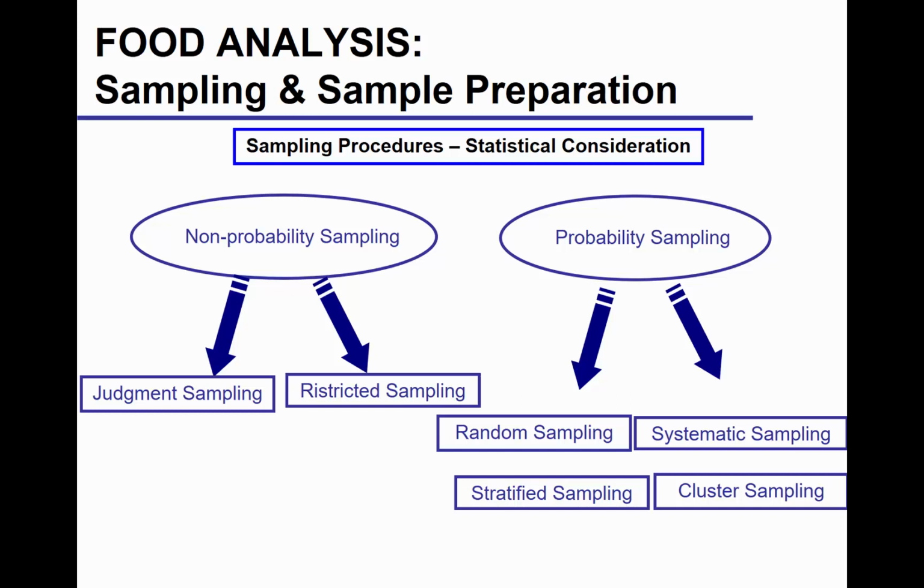Cluster sampling, in this case, you don't test in all facilities. It's the same example. You have tomato soup produced in multiple locations, but all are produced the same way. So you would randomize these locations and randomly select a couple of locations for testing.